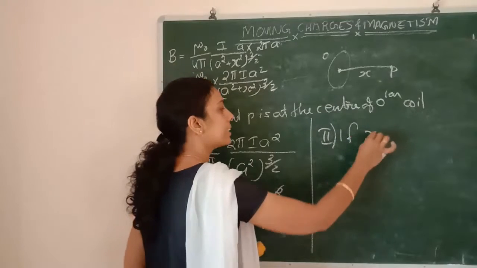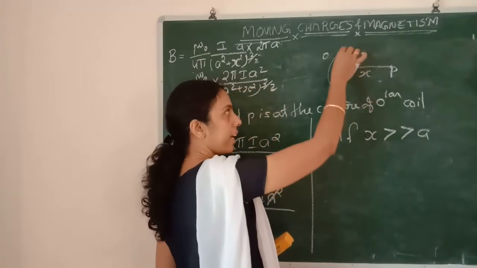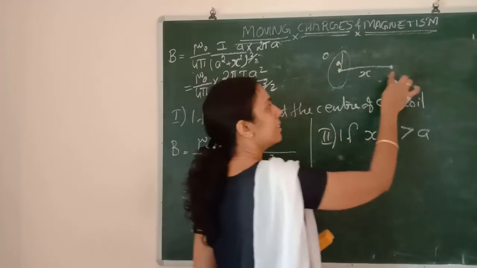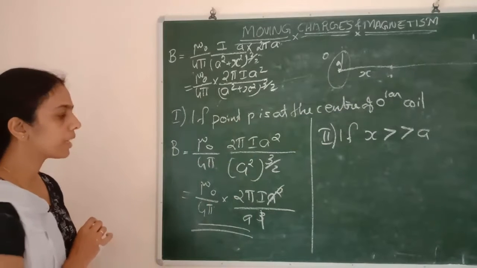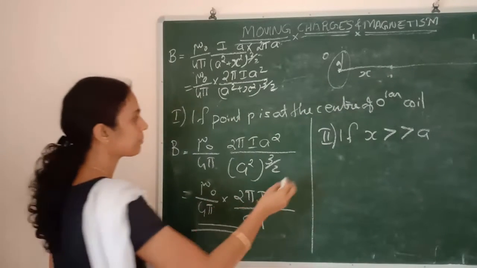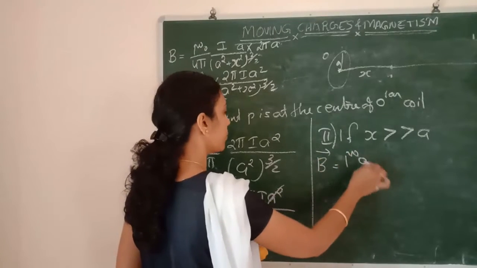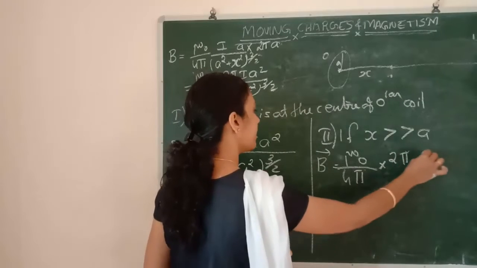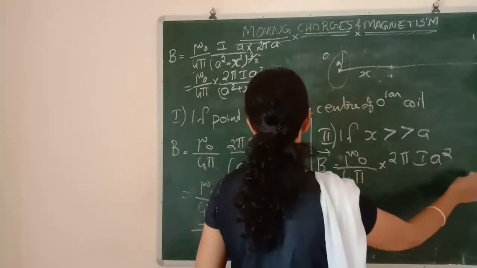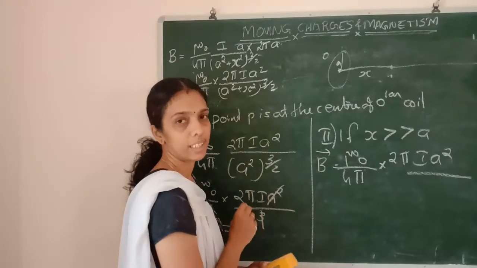If x is very much greater than a, the radius of the circle, that is, the point is at a very far away distance, then what can we do? B equals mu 0 by 4 pi into 2 pi I a square divided by a square plus x square the whole power 3 by 2.